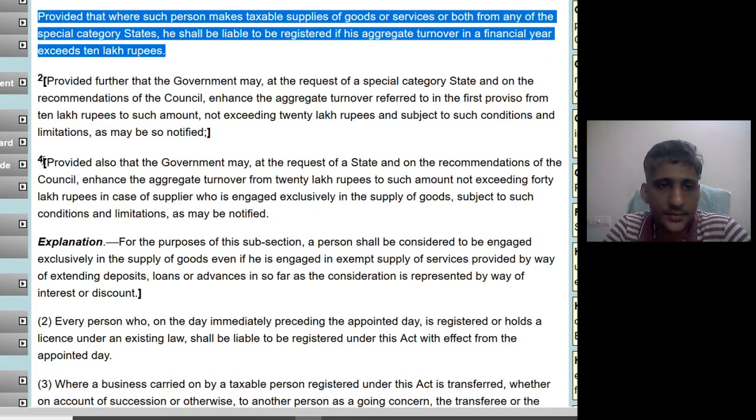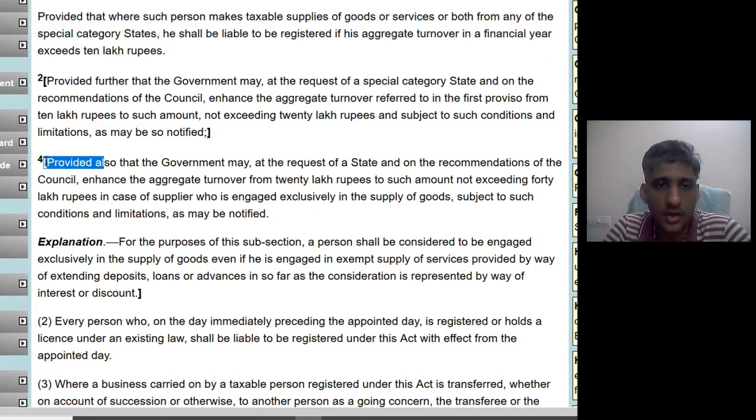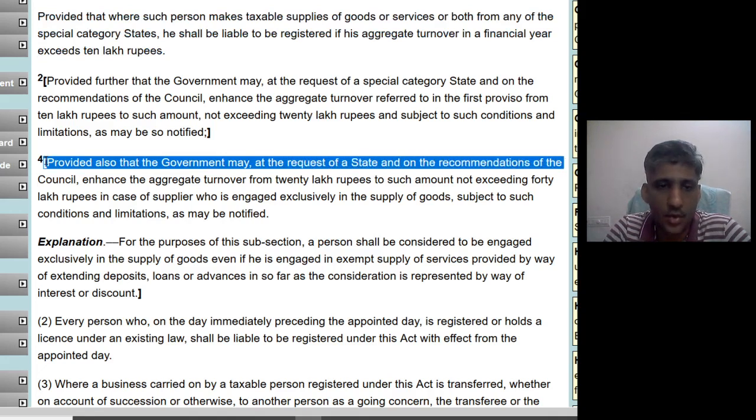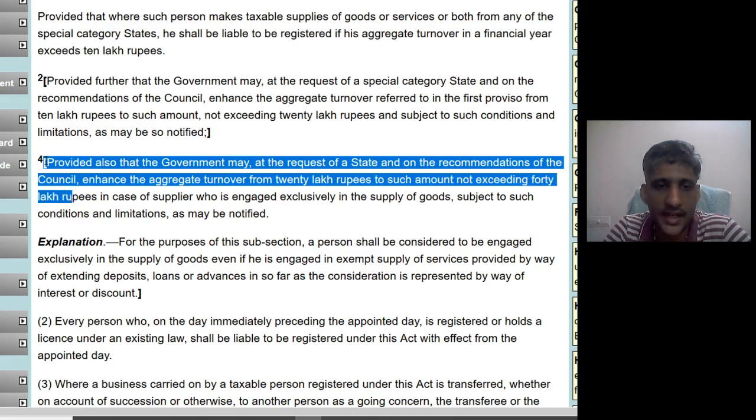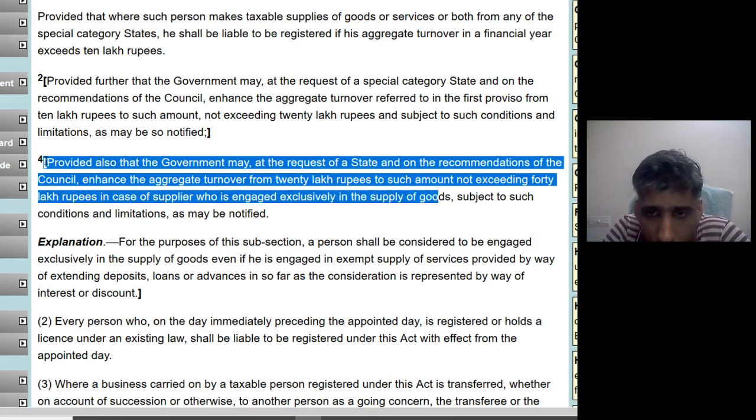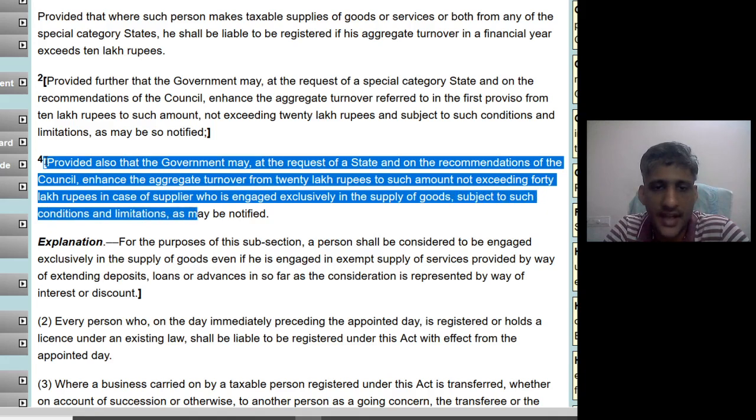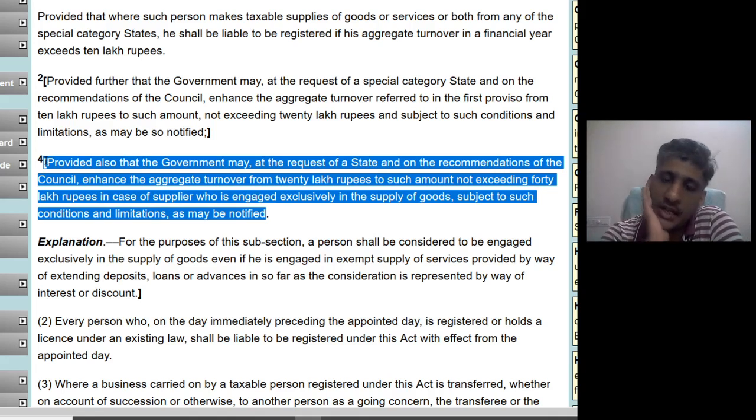Provided also that the government may, at the request of the state and on the recommendations of the GST Council, enhance the aggregate turnover from 20 lakh rupees to such amount not exceeding 40 lakhs in case of a supplier who is engaged exclusively in supply of goods, subject to such conditions and limitations as may be notified. Okay, therefore if you are only a supplier of goods, then the aggregate turnover limit is not 20 lakhs, it becomes 40 lakhs.